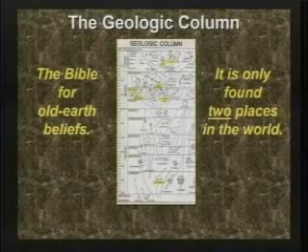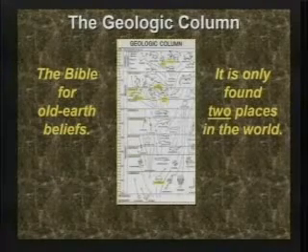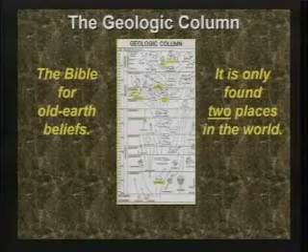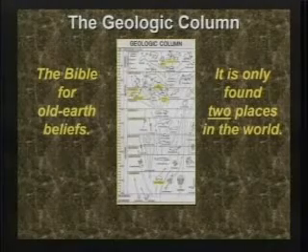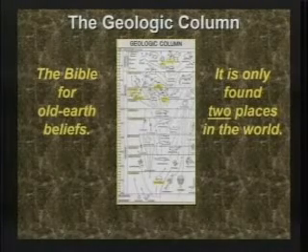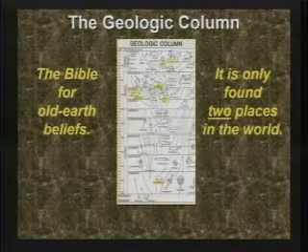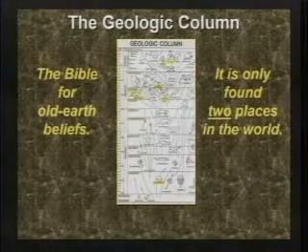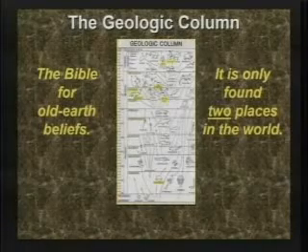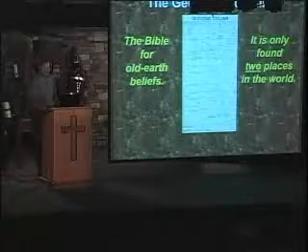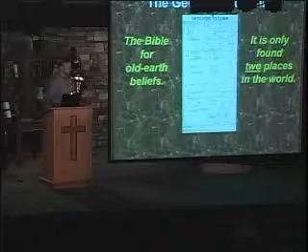Well, the geologic column, the Bible for old Earth beliefs, this is what has fooled people into believing in millions and billions of years, is only found in 2 places in the entire world, in the correct order of the 12 primary layers with the corresponding index fossils by which they date the layers. Do you know where the 2 places are that the geologic column has been found?